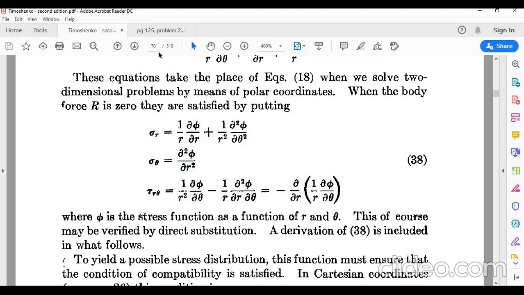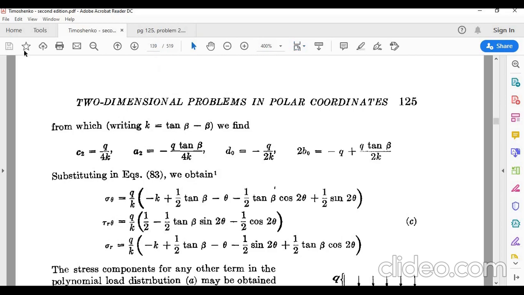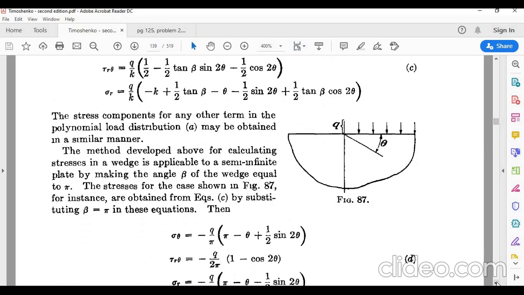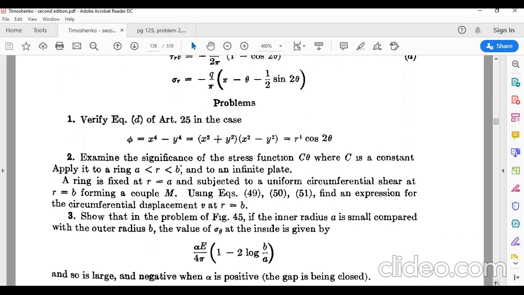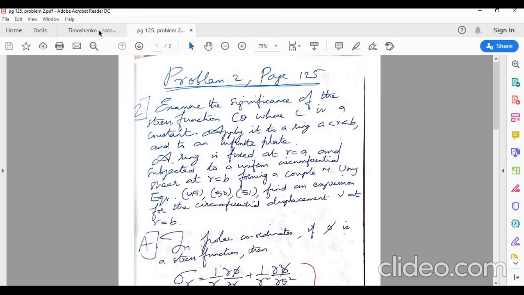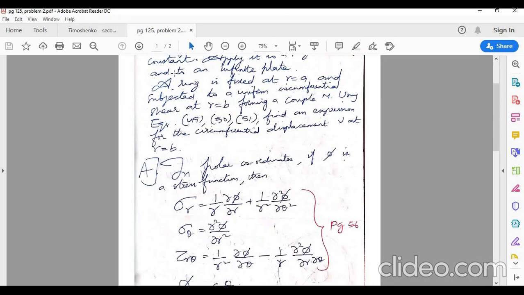Now going back to the question once again. You are asked to determine the details of such a stress function which is given by c theta. So let us arrive at the expressions for sigma r, sigma theta and tau r theta.